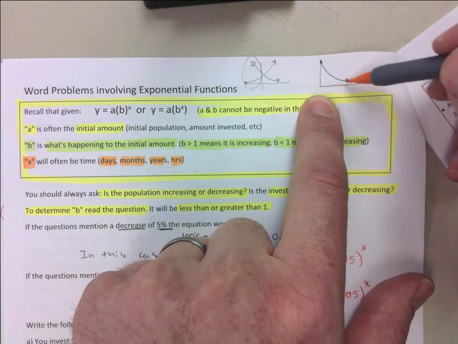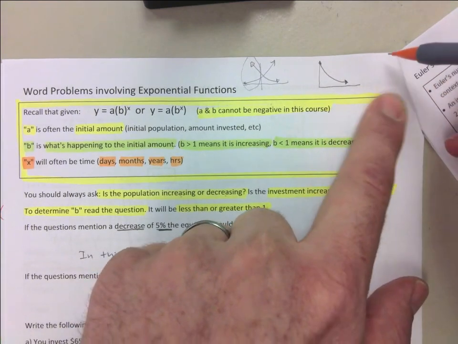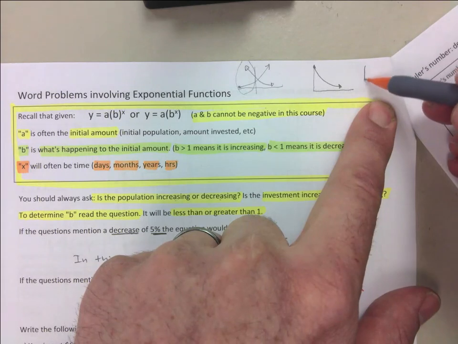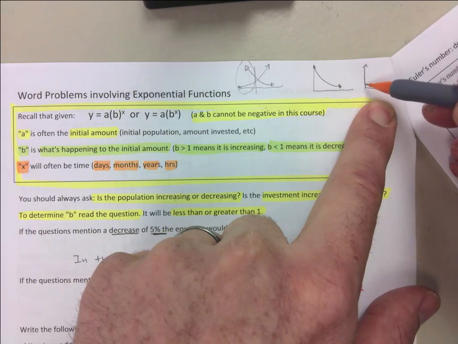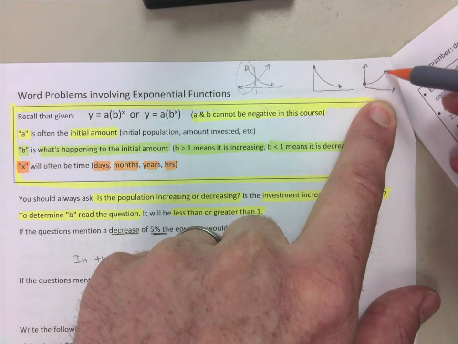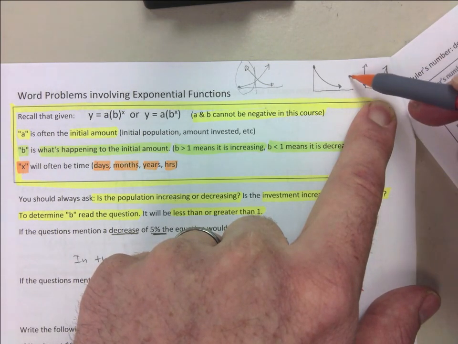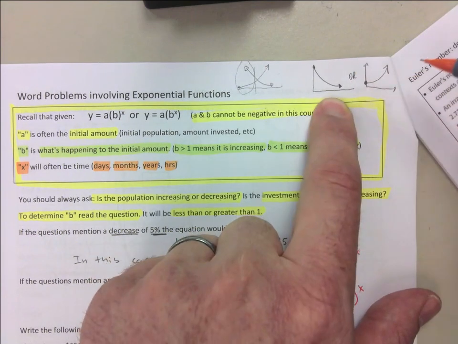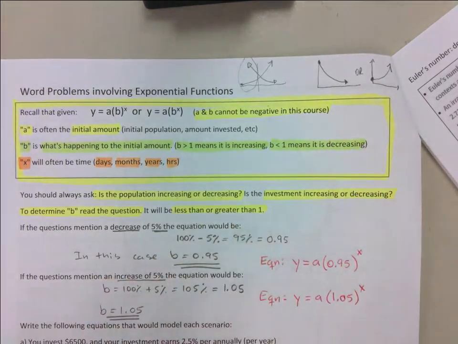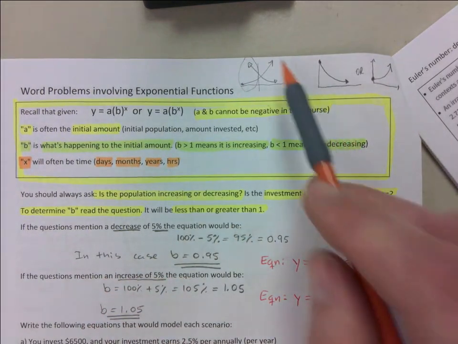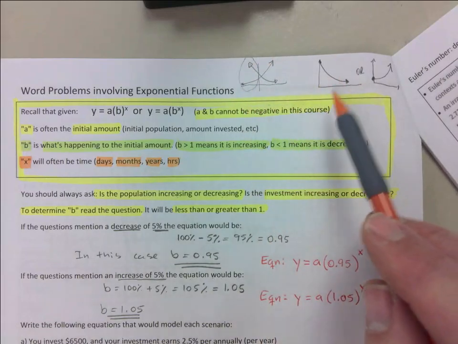So that could be one scenario, or let me see if I can squeeze that in. That's a decreasing scenario. If you're increasing, it could be money, population, you're going to go up like that. Okay? So it's either decay or it's growth. So we're transitioning from general to word problems.